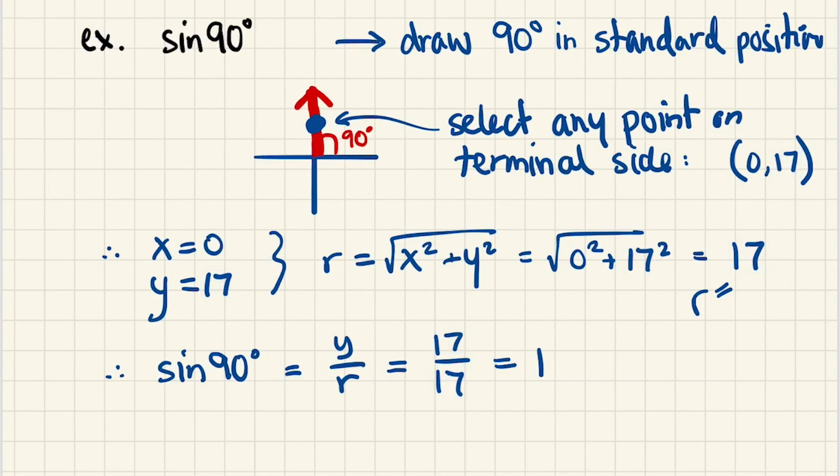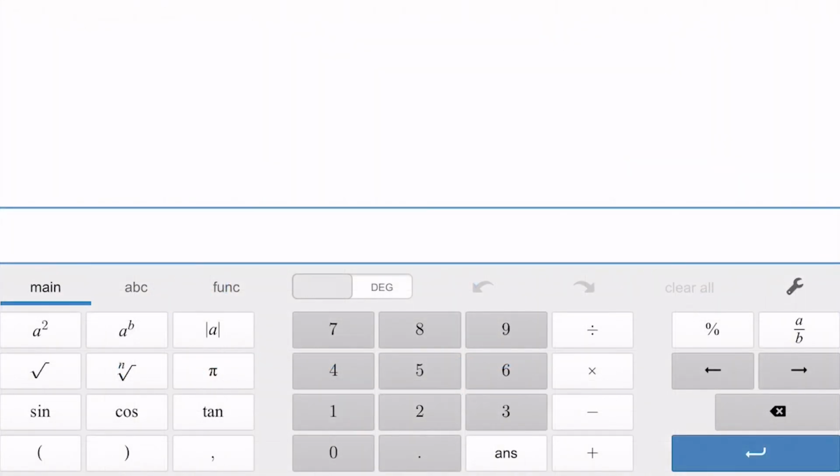Okay, and I'd also like to point out that the fact that sine of 90 degrees is equal to 1 is an absolute fact. That's not a contextual result based on a particular problem that we're working out. That's an actual fact. If you go to a calculator and ask it, what is the sine of 90 degrees, then you can see that the answer is 1, as we worked out.